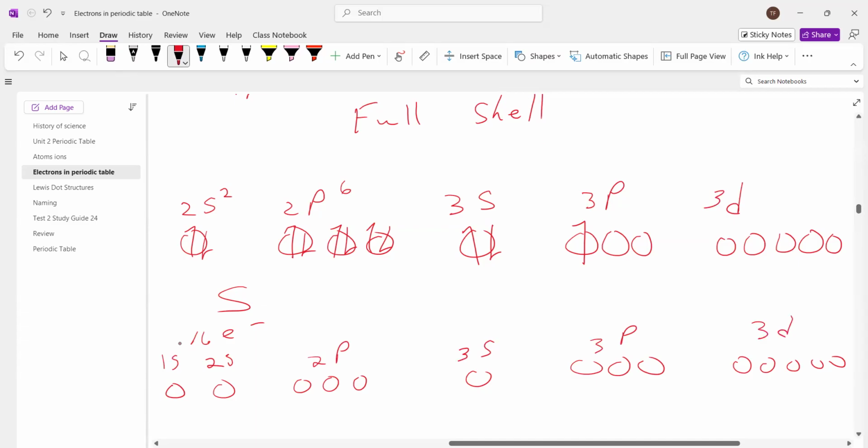Okay, so we're going to go 2, 4, 10. We have 6 electrons. Okay, so these are core.